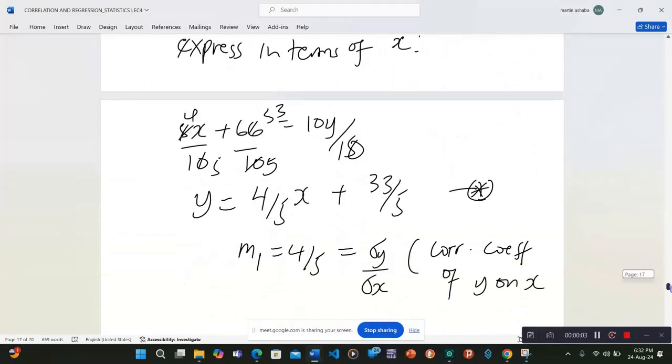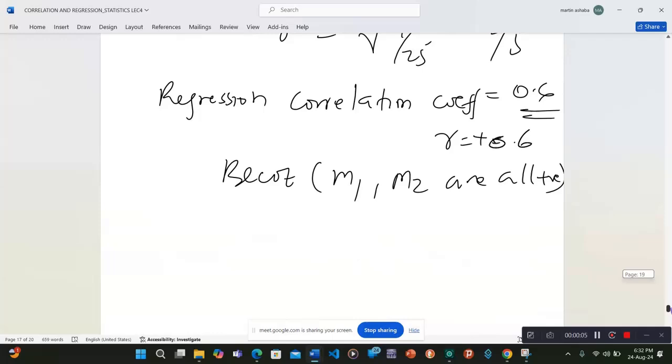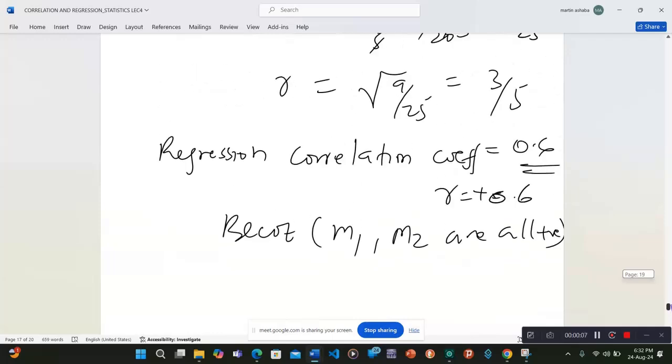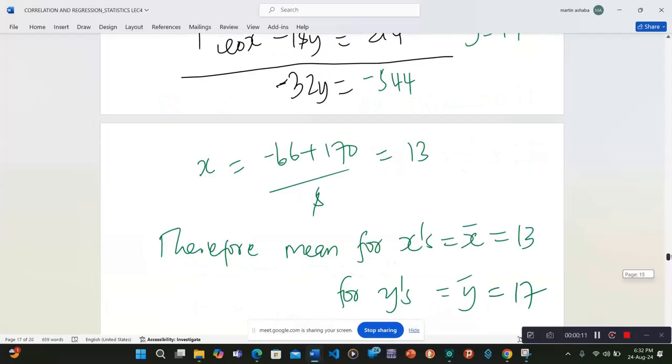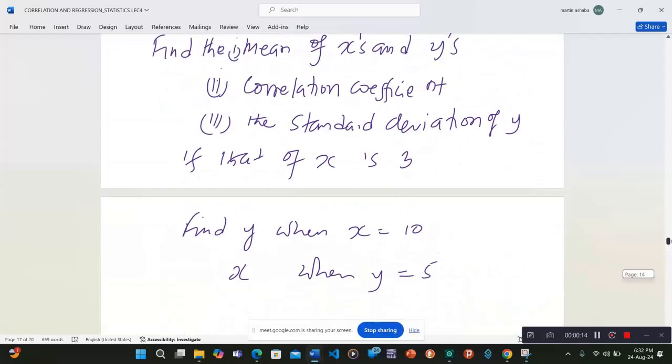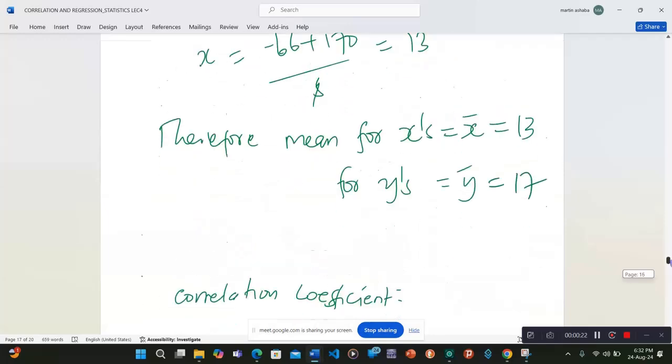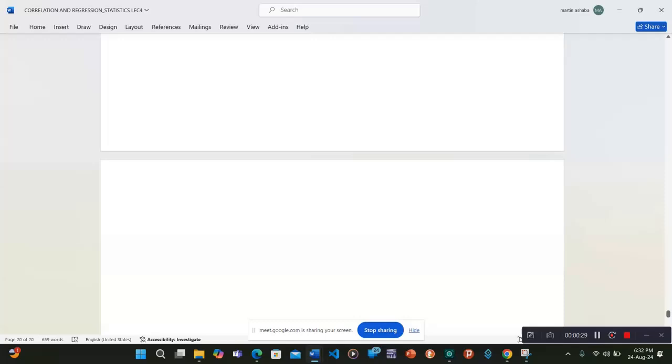Now, as we said, we have already gotten the correlation coefficient. We have already gotten the means for x and y. Our task next is to determine the standard deviation of y if the standard deviation of x is 3. We said the standard deviation of x is equal to 3. That of y, we don't know.